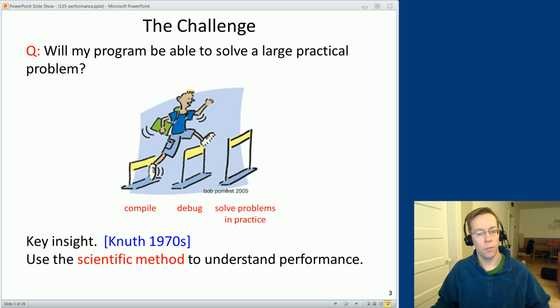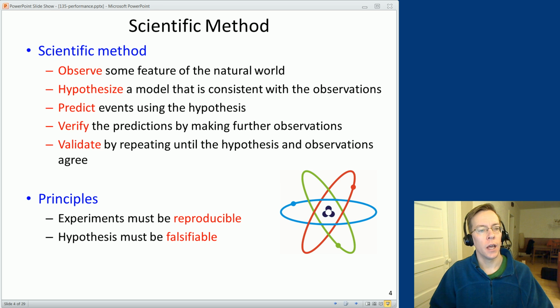And what we're going to use here is the scientific method to understand the performance. And we're going to observe things about how our algorithms work. We'll hypothesize a model that's consistent with those observations, and then we can actually make predictions using that hypothesis and verify them, and so on.